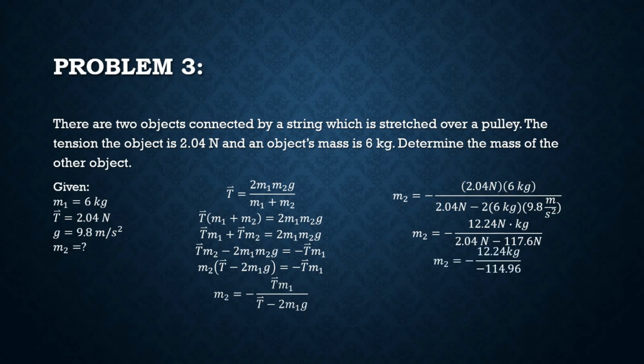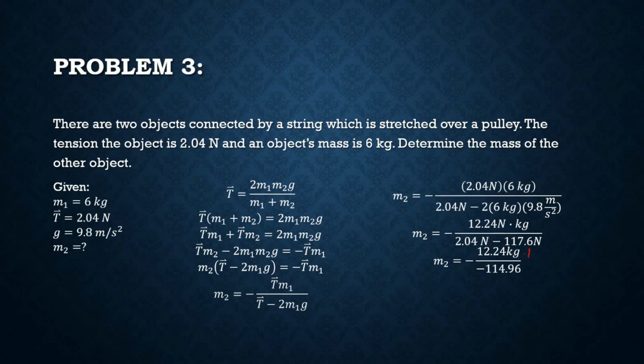After subtracting them, the equation will turn into negative 12.24 kilograms all over negative 114.96. You might be wondering what happened to the newtons.